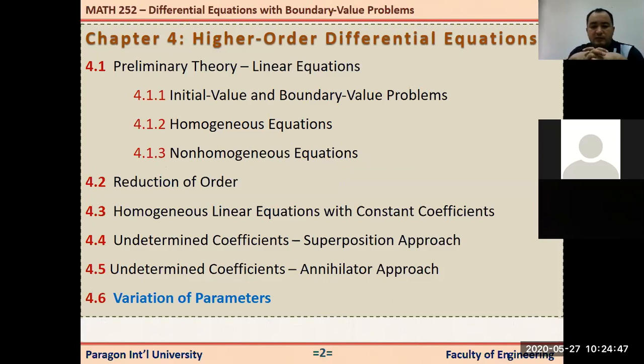It was either a polynomial function, or a trigonometric function expressed in terms of only sine or cosine, or a linear combination of sine and cosine, or an exponential function, or a linear combination of these three functions, or their product.